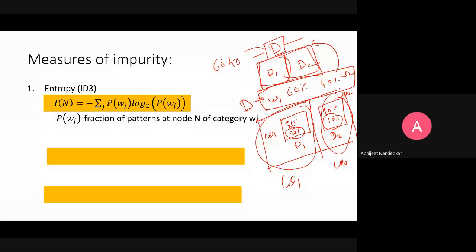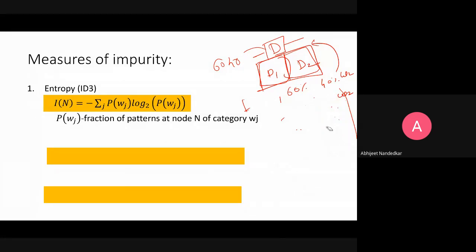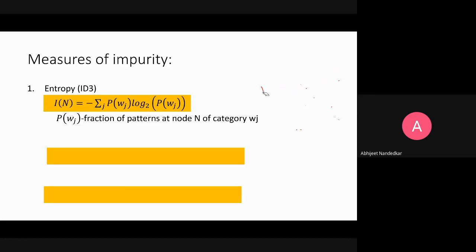Okay, but the question again remains, how do you achieve this purer and purer form? So the idea is to use the measure of impurity. The measure of impurity will guide us to choose a proper feature. So how it is done, that we will see today with one example.